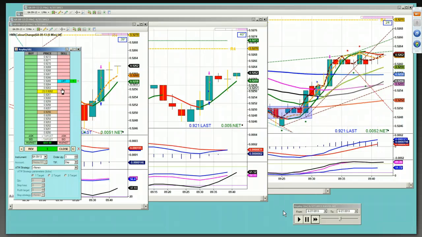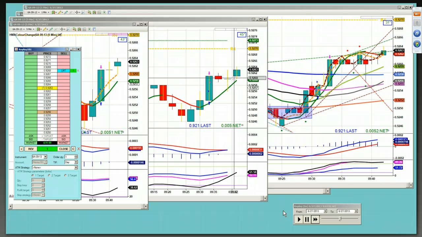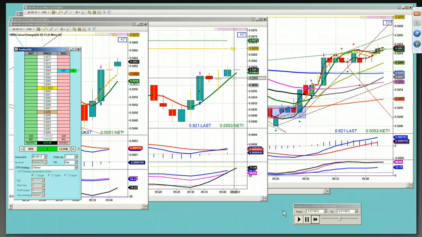And even then, look, it hasn't really changed direction, because we're still in Canada. We're still trading in Canada. We're north of the border on that 3-minute chart. So as long as we're north of the border, potentially we're still going long.